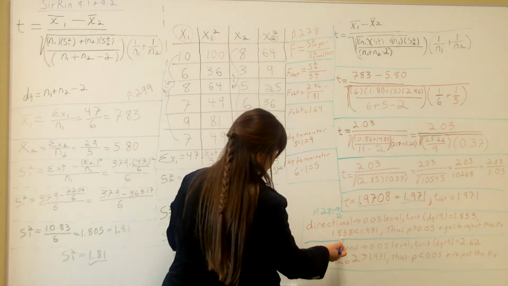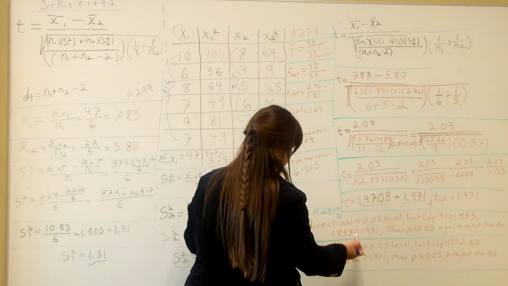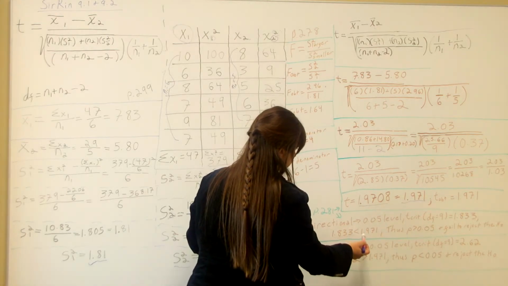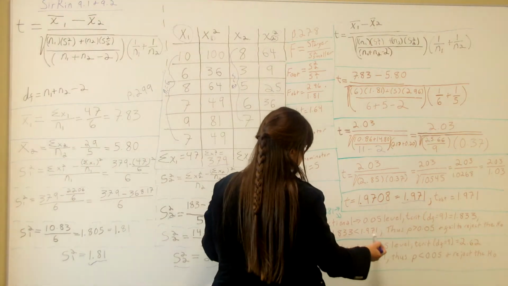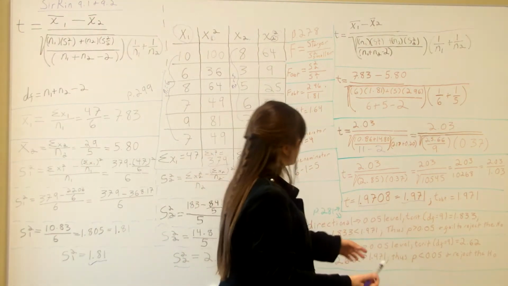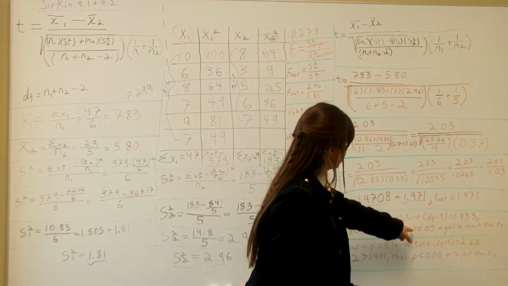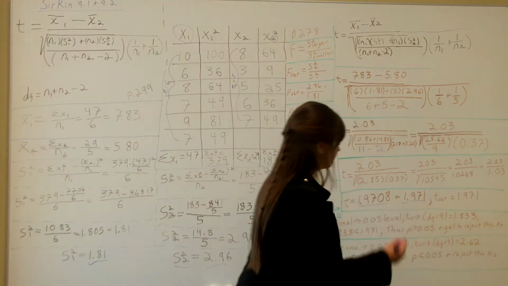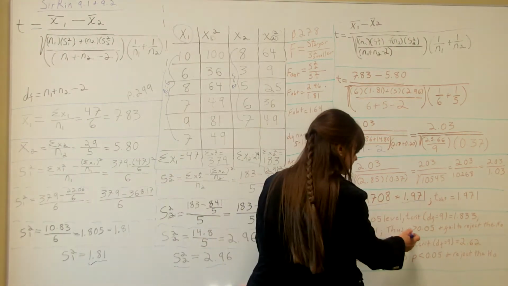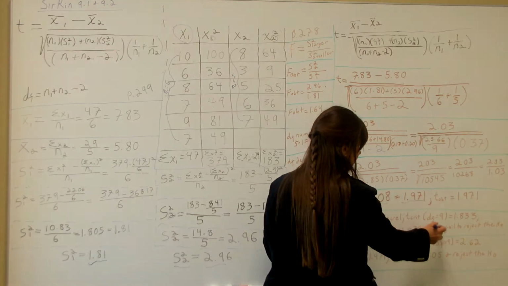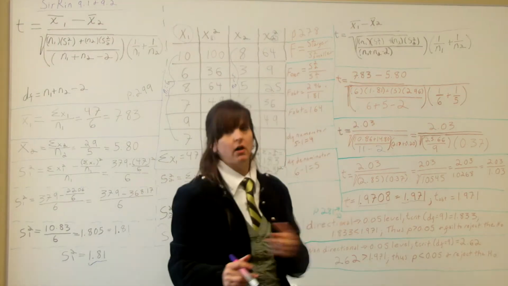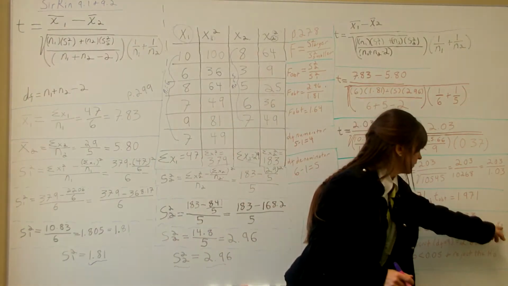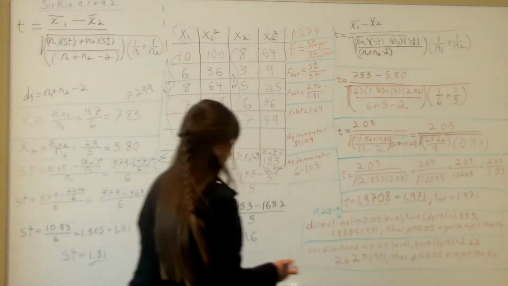Okay, the critical value is 1.833, which is smaller than what we got, which is 1.971. Oh no! So that means thus the P is greater than 0.05. That's how you write that out. P greater than 0.05. And then that means we failed to reject the null hypothesis. That's what that little abbreviation means, null hypothesis.